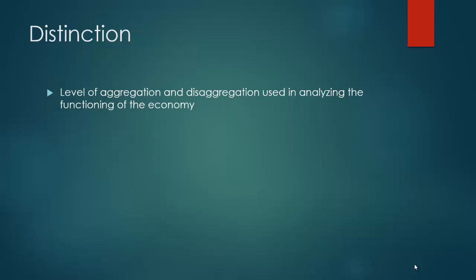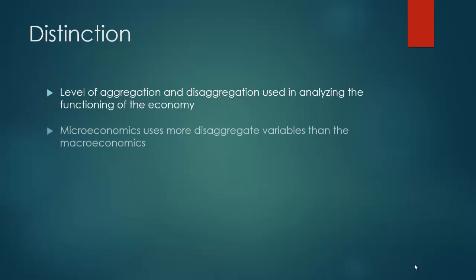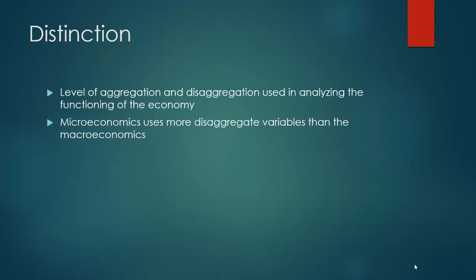The distinction between micro and macro is made in terms of the level of aggregation and disaggregation used in analyzing the functioning of an economy. Microeconomics uses more disaggregated variables than macroeconomics. Together they form the two sides of the same coin.